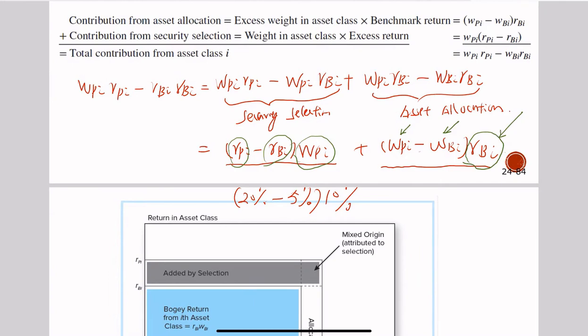But the return for asset class I in portfolio P is 20%. So why do we have a much higher return in asset class I when we're looking at portfolio P? Well, it's because the manager is actively selecting better securities in asset class I. So that's why RPI here is 20% versus 5% for RBI.